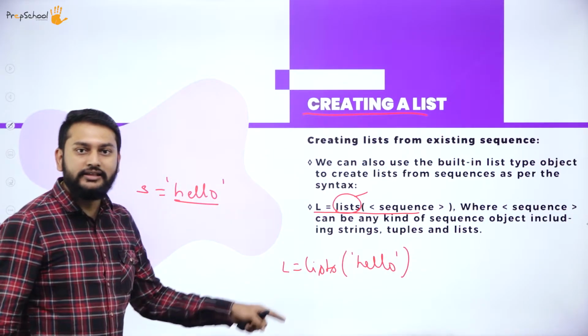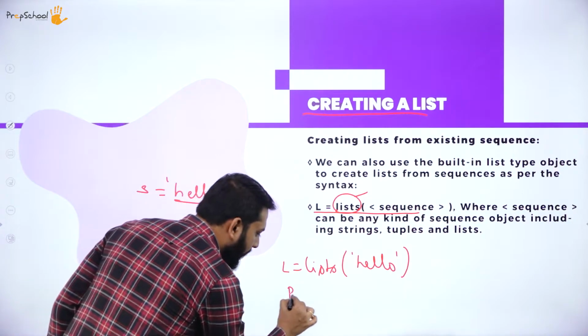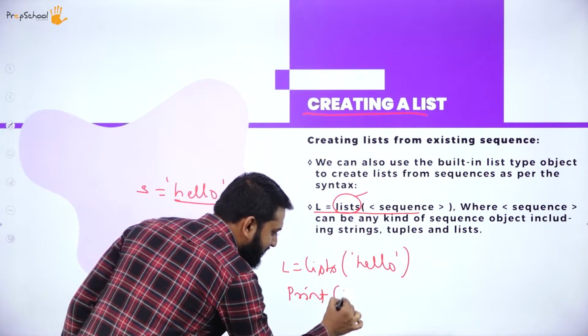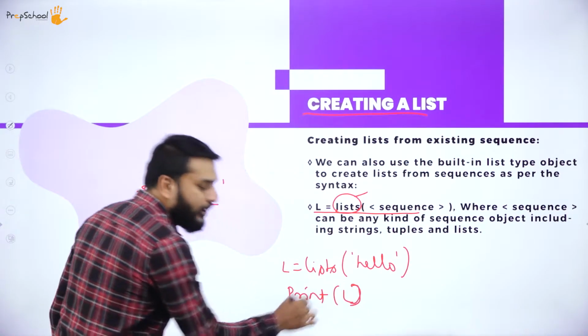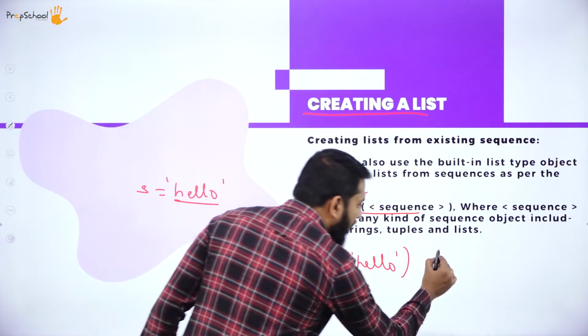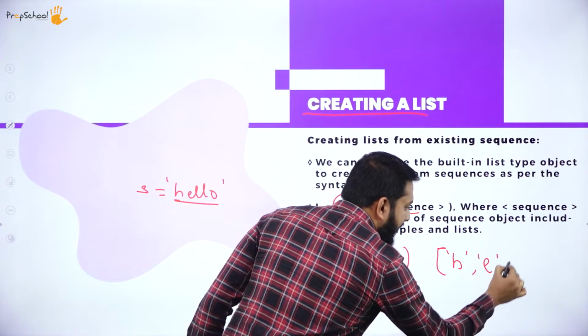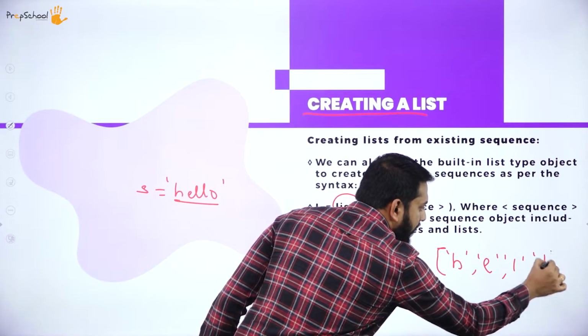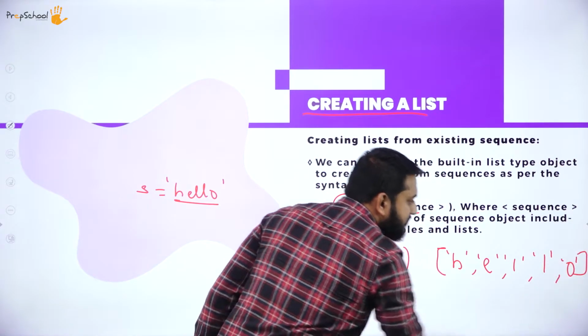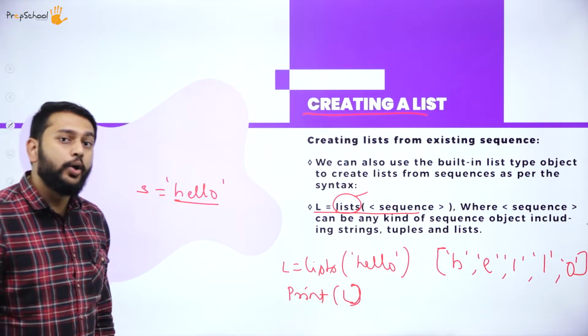If I write this and print this L, my output will be what? My output will look like this: H E L L O.